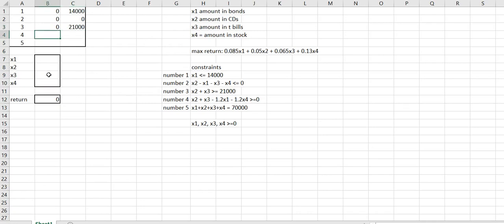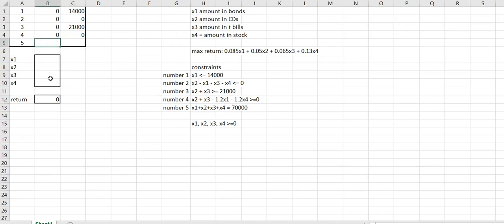Okay, here let's be very careful on number 4. Always be careful, but especially on number 4. Equals X2 plus X3 minus 1.2 times X1 minus 1.2 times X4. Okay, greater than or equal to 0.